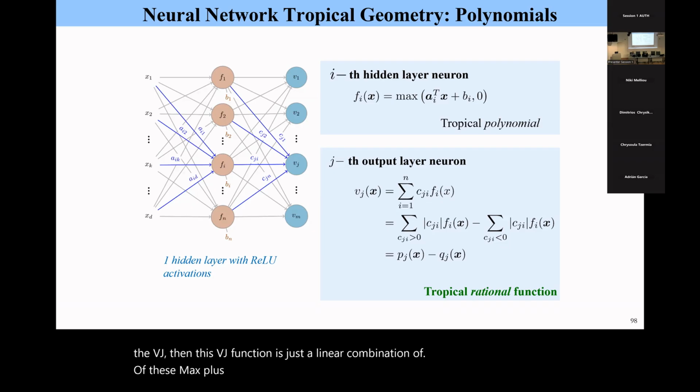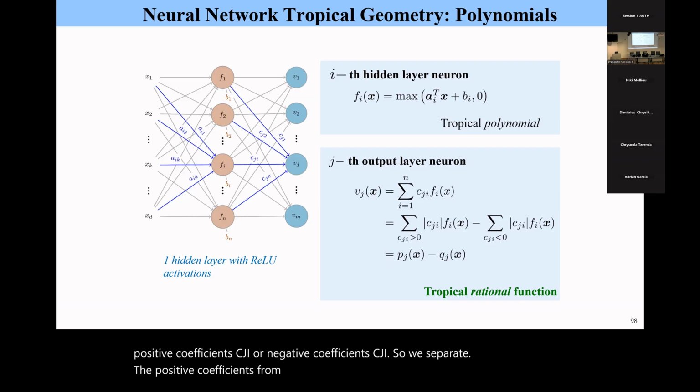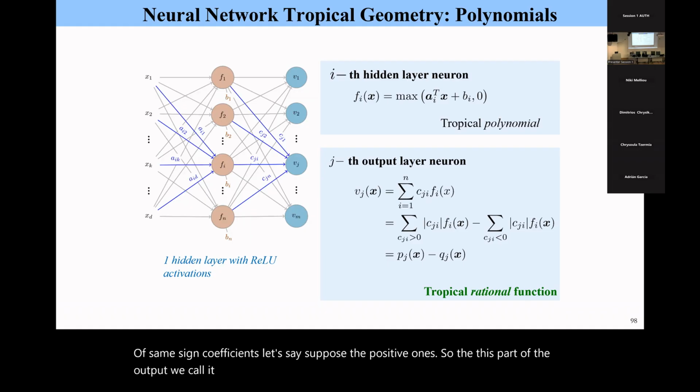And this linear combination can contain both positive coefficients C_ji or negative coefficients C_ji. So we separate the positive coefficients from the negative coefficients. If we take every group of same-sign coefficients, suppose we take the positive ones, this part of the output we call the polynomial Pj of x. Whereas the other part of the output, with negative multiplicative coefficients, we call Qj.